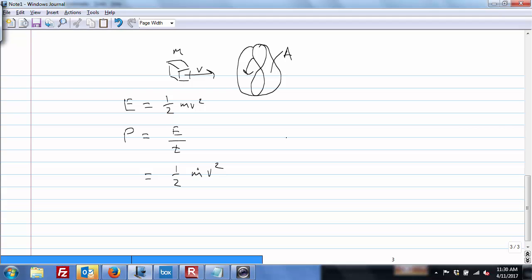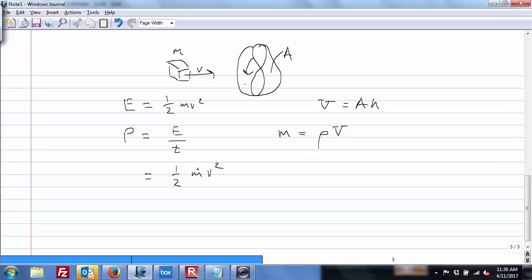So from here, we also know that mass equals density times volume. This is big V for volume. Now we know that the volume isn't changing. We also know that volume equals area times height.